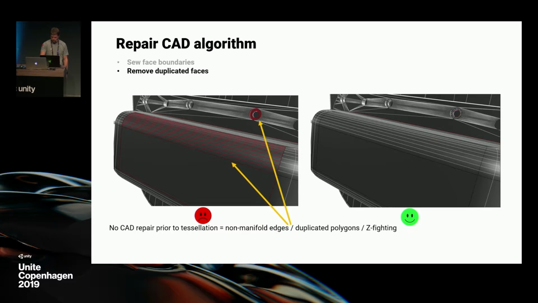Another consequence is the presence of useless duplicated polygons that reduce the frame rate. And last but not least, the well-known Z-fighting will sometimes appear with this configuration. So our repair CAD algorithm detects and removes those duplicated faces to avoid this problem after the tessellation.